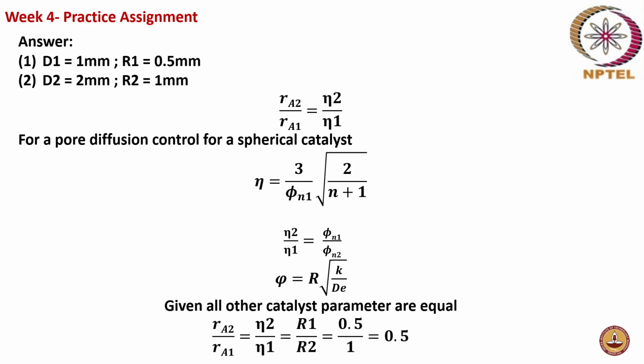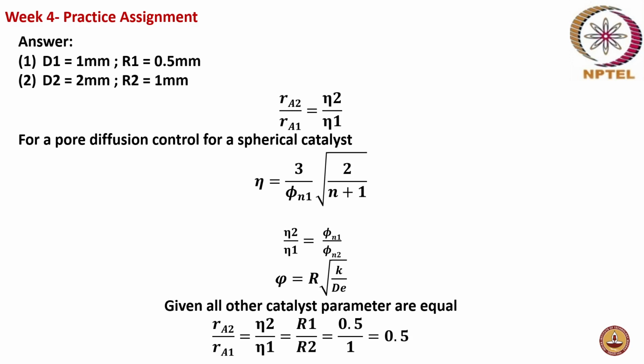That means Ra2 by Ra1 is equal to eta 2 by eta 1, which is equal to phi n1 by phi n2, which is nothing but r1 by r2. So your r1 is 0.5 and your r2 is 1. That means the ratio of the reaction rates is 0.5.